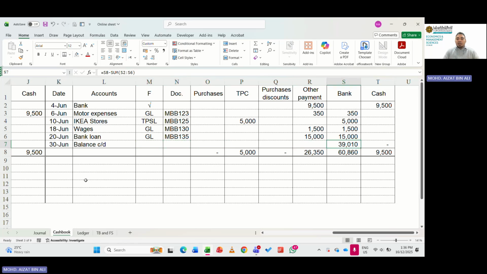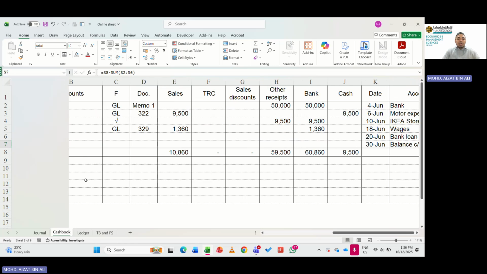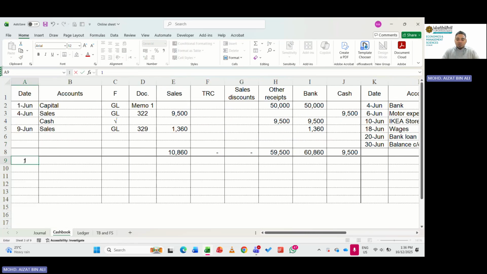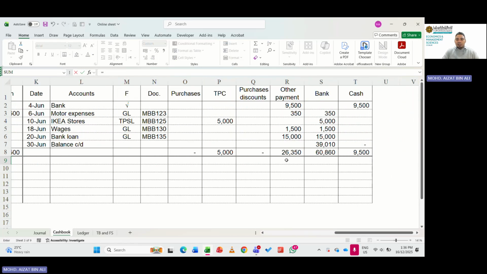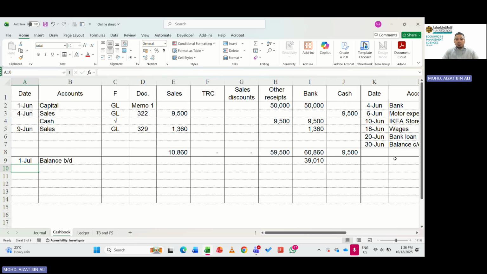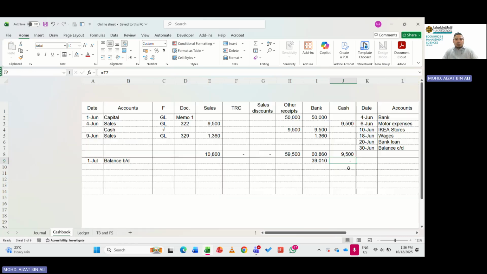The amount is 39010. Then post to the next period, 1st July, balance B/D, and take the previous balances, this amount, and also do the same for cash, which is zero in this case.